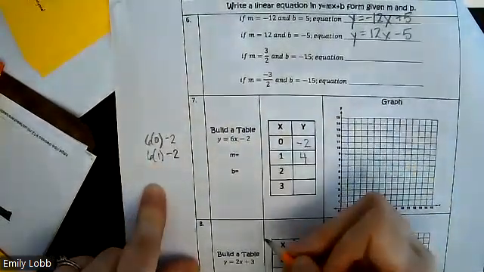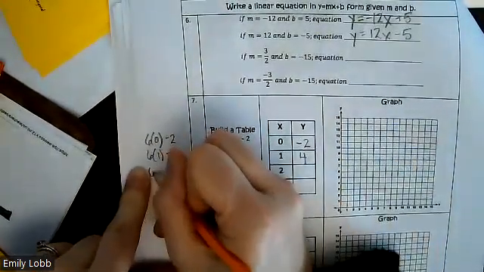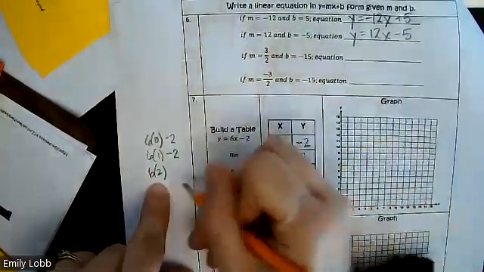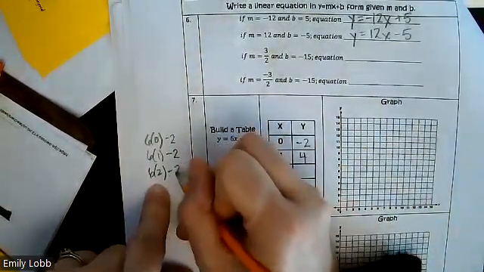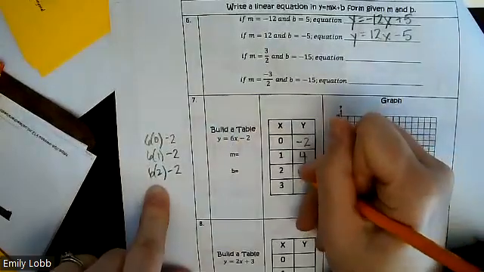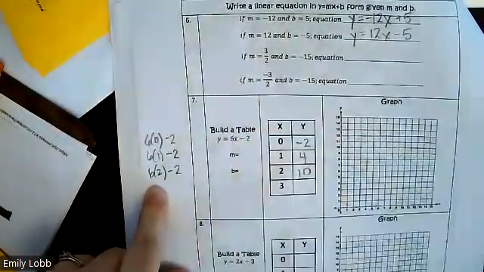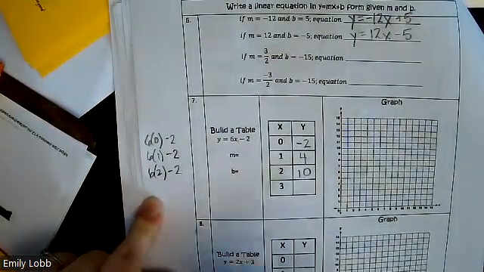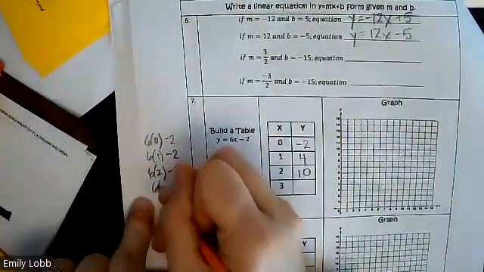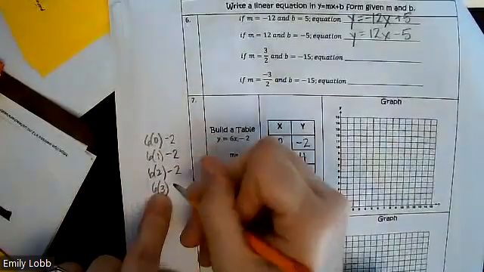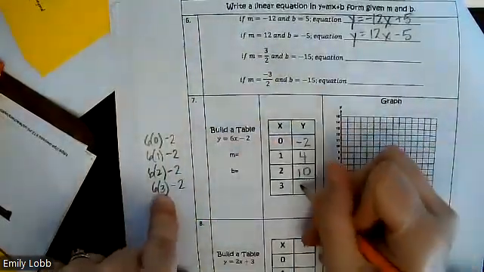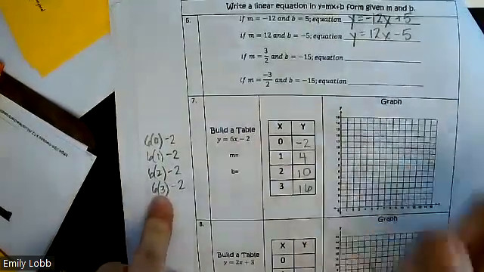That's what's coming out of here. 6 times 2 is 12. 12 minus 2 is 10. And then 6 times 3 is 18. 18 minus 2 is 16.